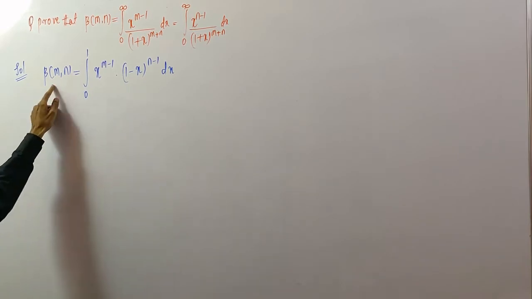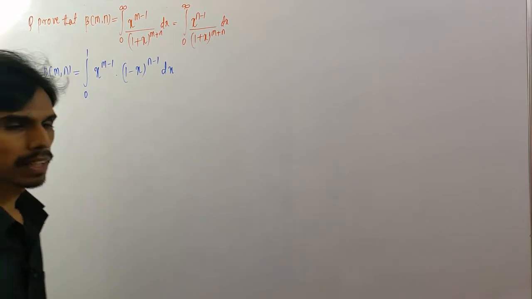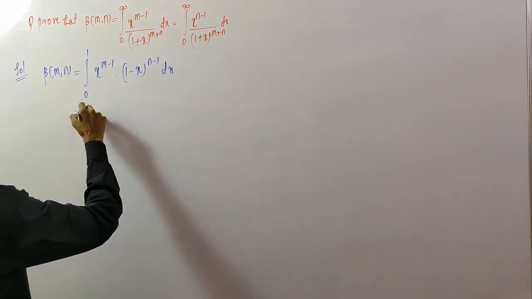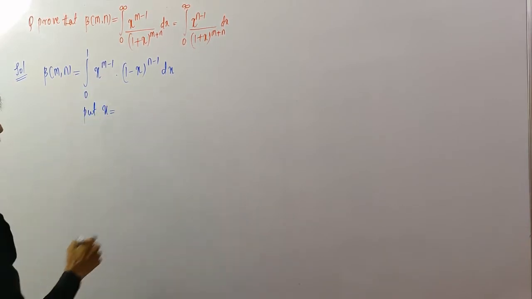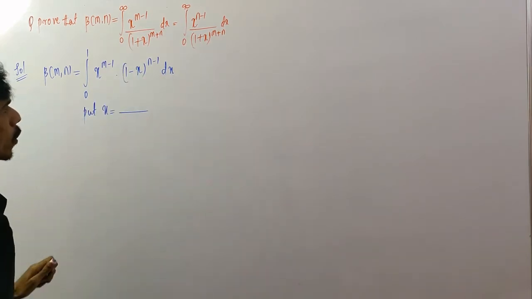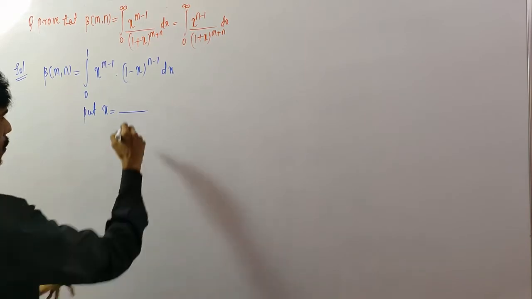Now in order to convert this beta m comma n into this function, we have to make a certain substitution. Put this value of x as, here we have 1 plus x in the denominator, so similar to that pattern, we have to take a substitution.